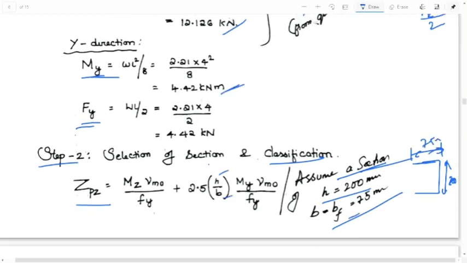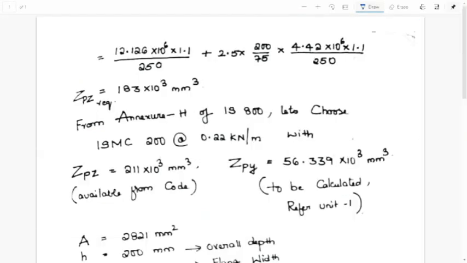So on substituting the values of H, B, Mz, My and all this, we are going to get Zpz as 1.12 into 10 to the power of 6 into 1.1 divided by 250, and of course substitute the remaining values and you get Zpz as 183 into 10 to the power of 3 mm cube.